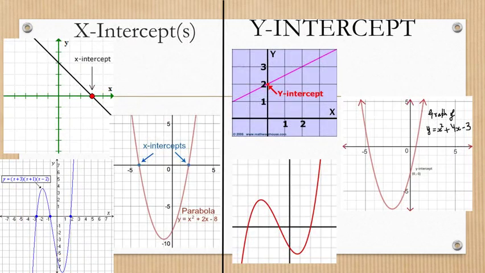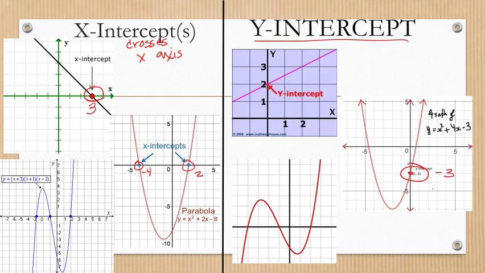All right. X-intercepts are where it crosses the x-axis. Here's an x-intercept. This looks like it's at 3. These are x-intercepts, 2 and -4. X-intercepts are where it crosses the x-axis. Okay, y-intercepts, where is it crossing the y-axis? Well, it's crossing right here in this picture at -3. That's the intercept.